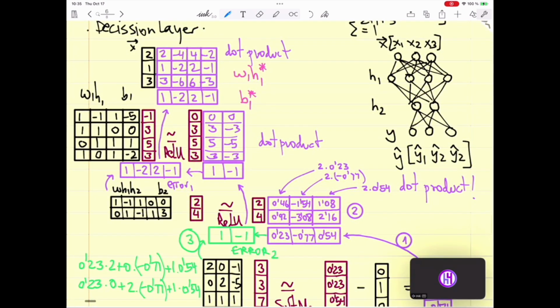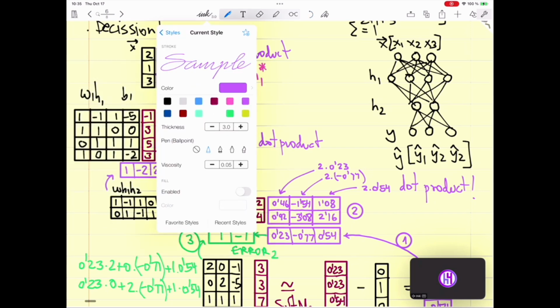Do I put the old weights? No, I don't put the old weights.